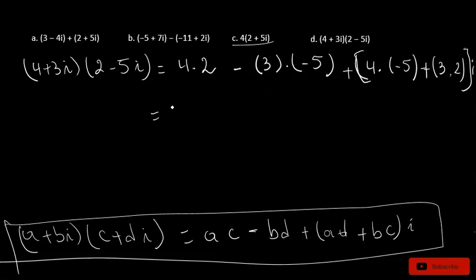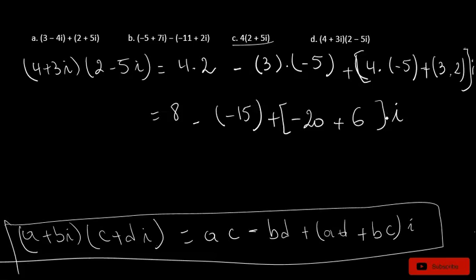This is equal to 8 minus 3 times minus 5, which gives minus minus 15, plus 4 times minus 5, which gives minus 20, plus 6, which is 3 times 2, everything times i.